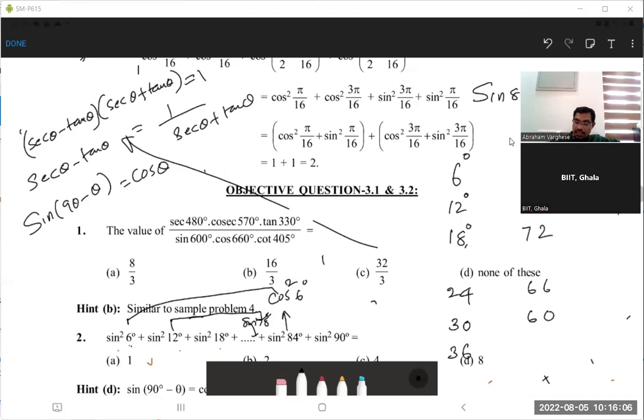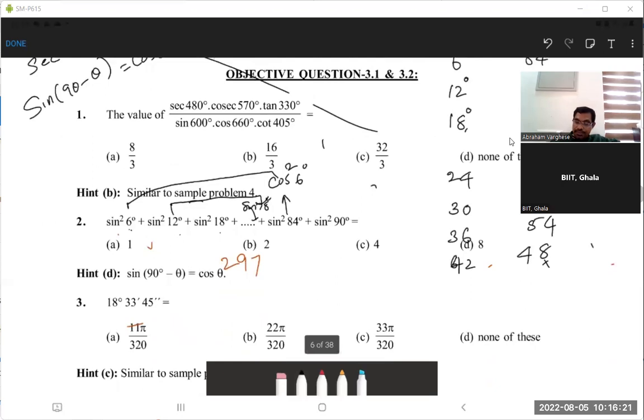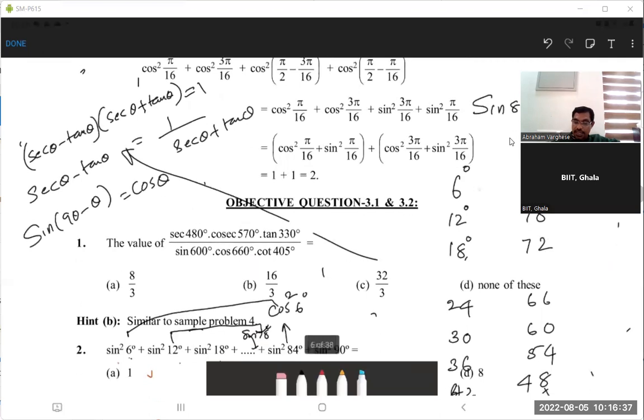Then 30, 36, so this will be 54. 36 plus 6, 42, so this will be 48. Next will be 48, which we already have. So when you combine these, you are getting the answer.